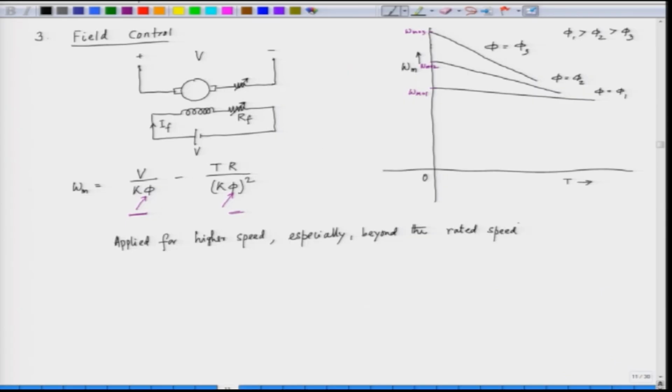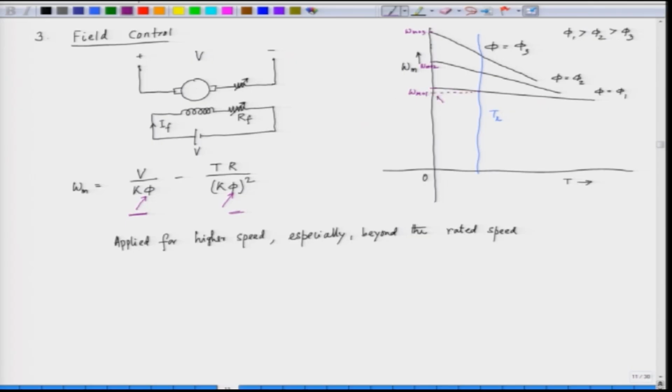And if we have a load torque profile here, this is our load torque profile, which is constant load torque, and we see that by having this field control, we have field variation, speed variation.